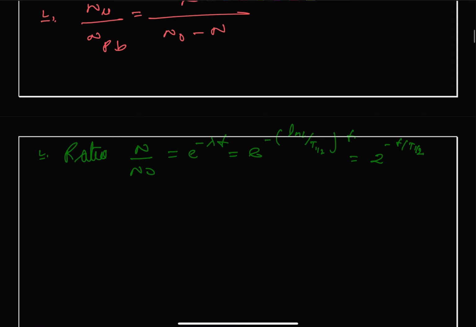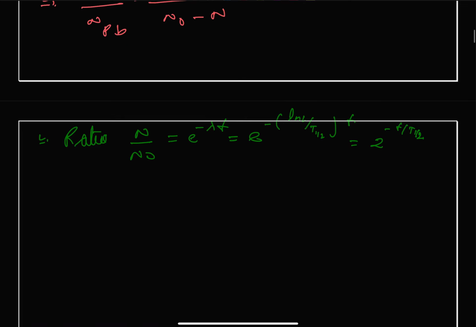First of all, let's find out T upon T half. T upon T half will be equal to 1.5 into 10 to the power 9 divided by 4.5 into 10 to the power 9, giving us 1 by 3.